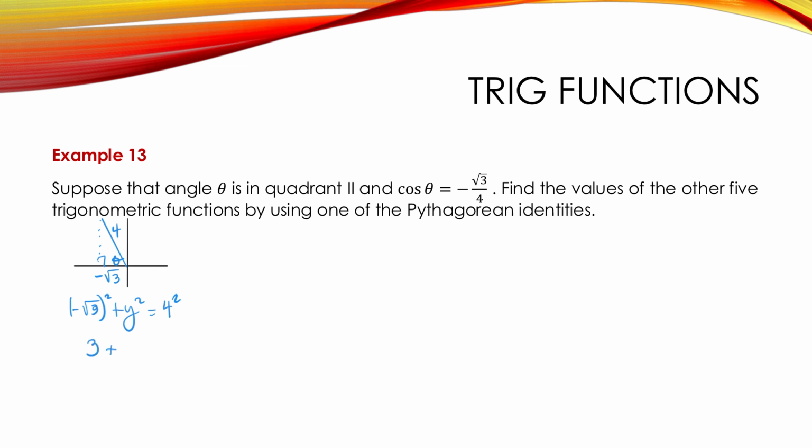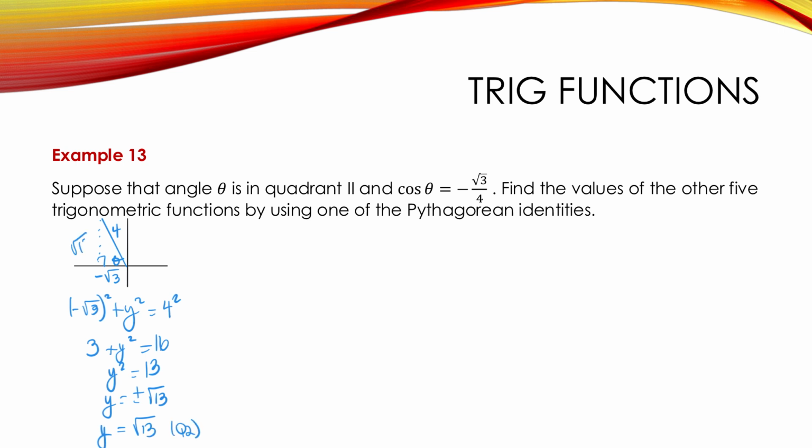So 3 plus y squared equals 16. So y squared, 16 minus 3 is 13. Y is plus or minus root 13. And because we're in quadrant 2, we know then that y is positive, which is the positive root of 13, because we are in quadrant 2.